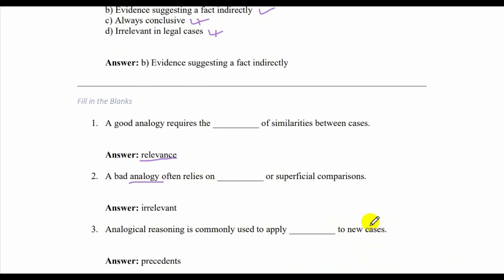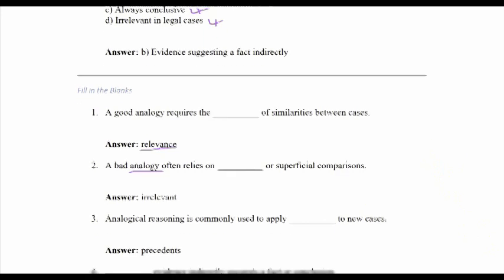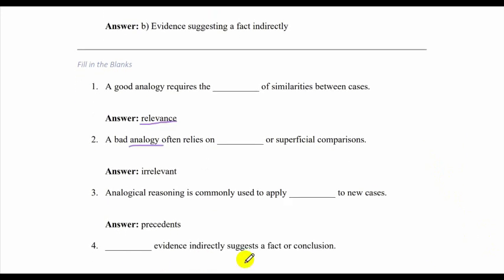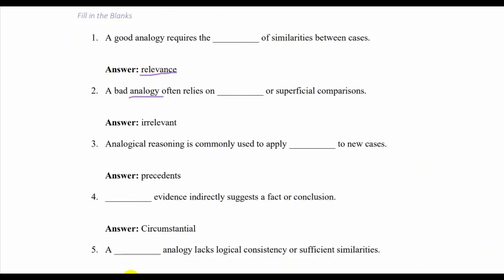So for that we rely on the precedents to form analogical reasoning. Dash evidence indirectly suggests a fact or conclusion. So this is circumstantial evidence. A dash analogy lacks logical consistency or sufficient similarity. A bad analogy.